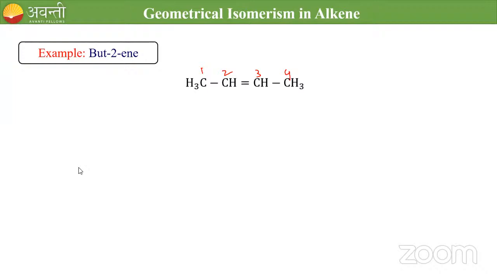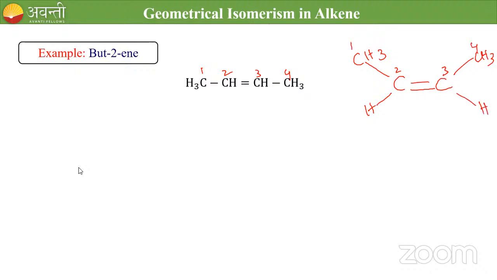I have a double bond between carbon number 2 and carbon number 3. To carbon number 2, I have one CH3 attached and one hydrogen attached. And to carbon number 3 also, I have one CH3 and one hydrogen attached, where this is carbon number 1 and this is carbon number 4.